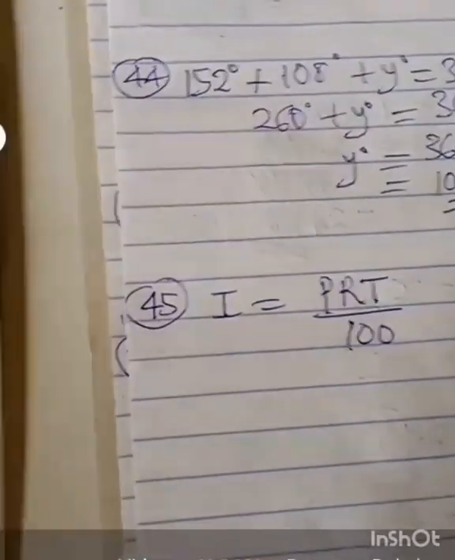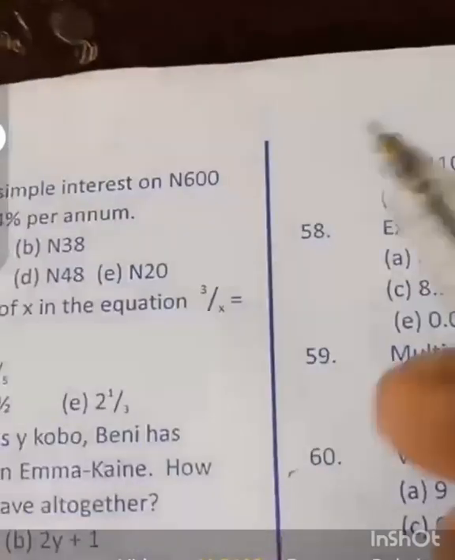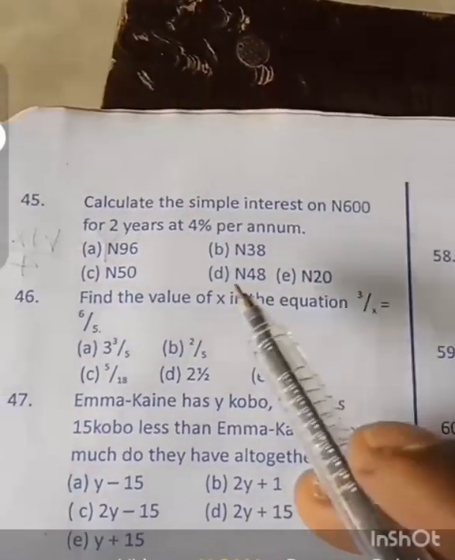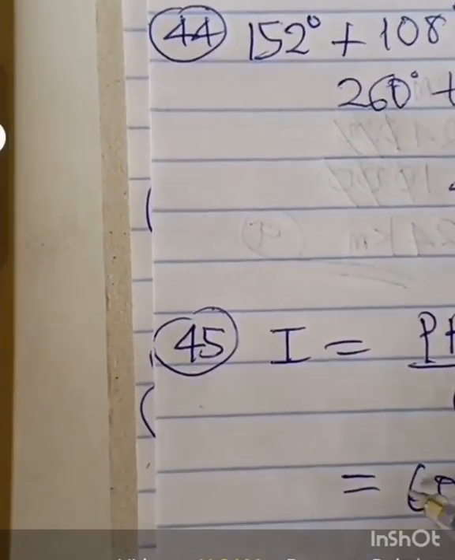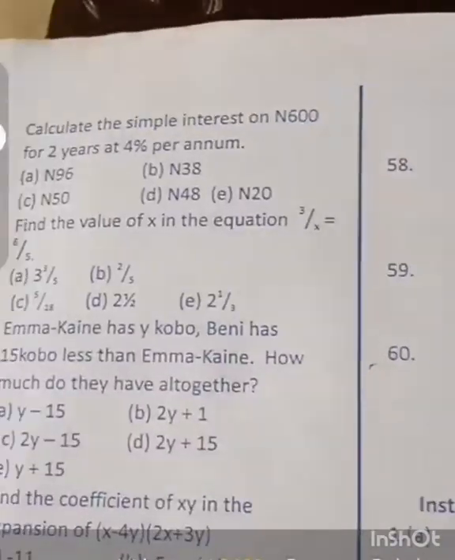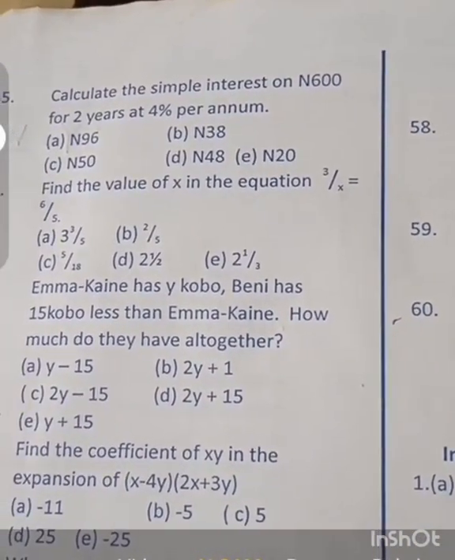So let's go back to the question. We have to calculate the simple interest. They say we should calculate the simple interest on 600, so 600 becomes our principal. Our time is 2 years. So we have 600 naira, don't forget, times our time, which is 2 years, and the rate.